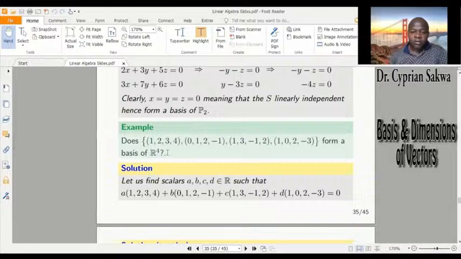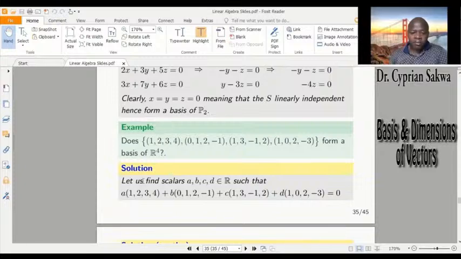Of course, in R4, since there are 4, we need to test. If there were more than 4, we would not test because they would not form a basis. Or if they were less than 4. But since there are 4, we need to test. And we need to find out whether they are linearly independent.